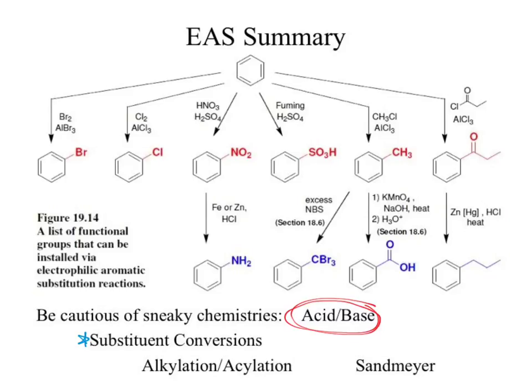I can get the aniline by putting on a nitro and reducing it. So look for those kinds of secondary chemistries to convert a substituent across to something else. Last one, your Sandmeyer is also a substituent conversion. We can convert your nitro across into a variety of other pieces. Kind of, sort of?